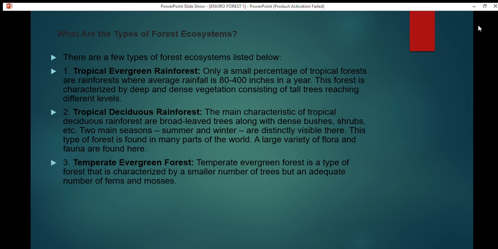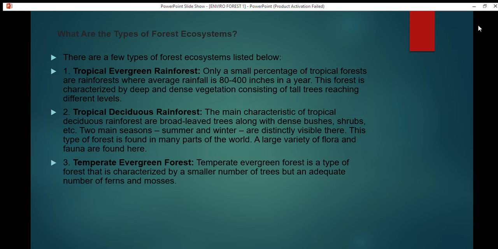So, for example, the Amazon forest and the Congo forest, those are deep forests where usually the whole year you find rain and there are always evergreen trees outside. And usually right now they're being protected by the government, to avoid people cutting down the trees unnecessarily.